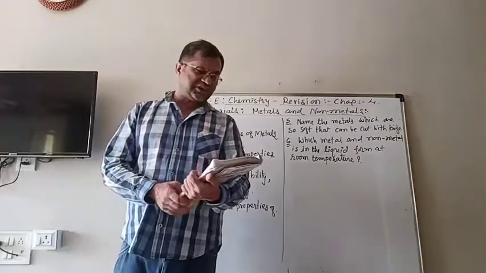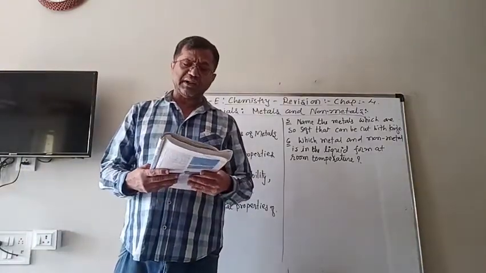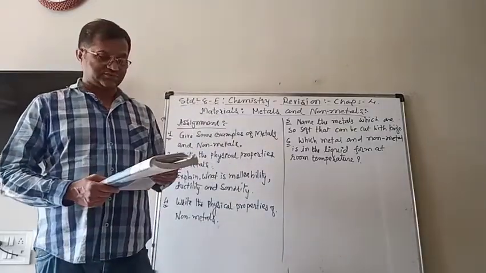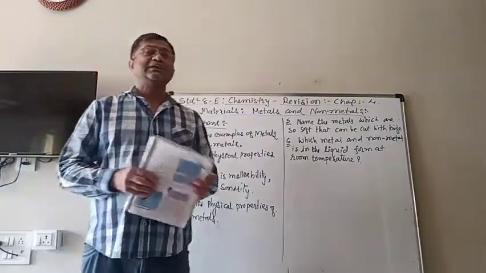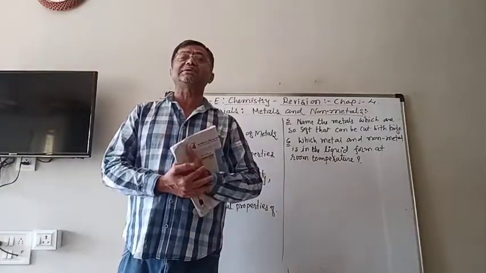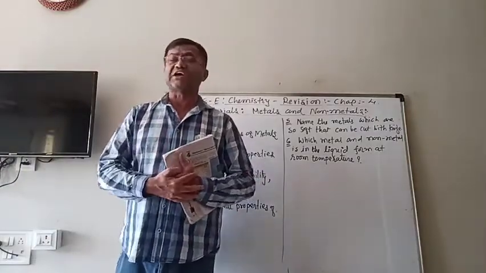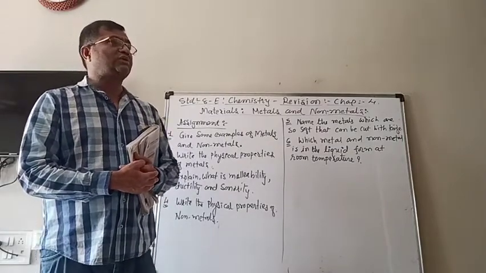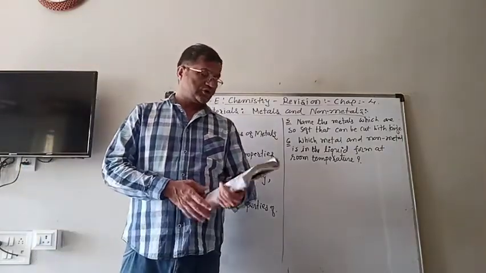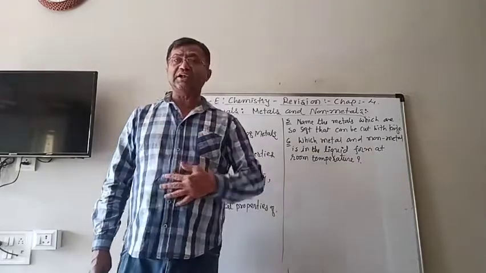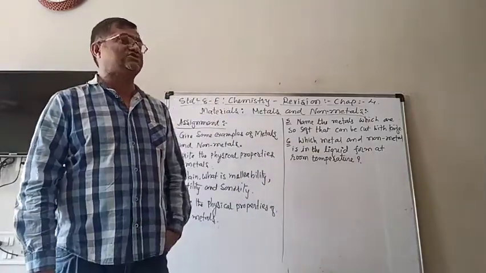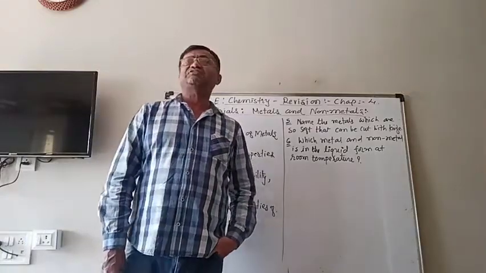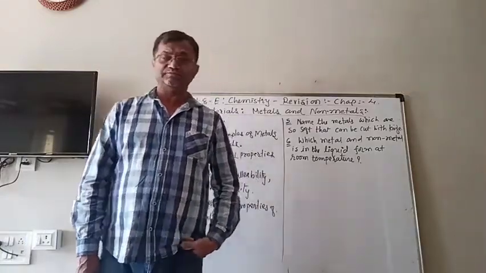We know that generally the metals have a shiny appearance, or their surface can be polished to shine. It means that they have luster. So generally all the metals have luster, means their surfaces are shiny.